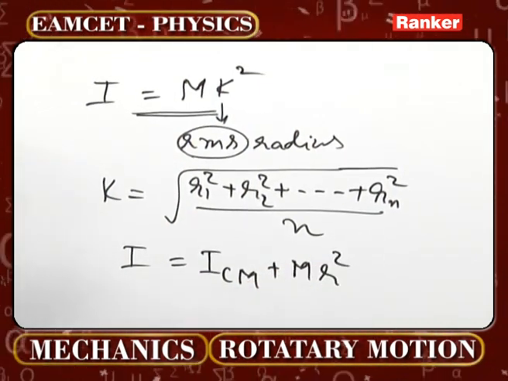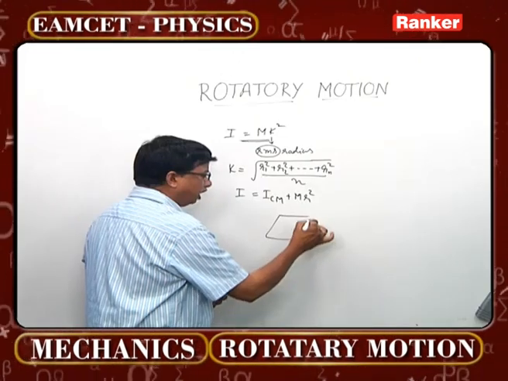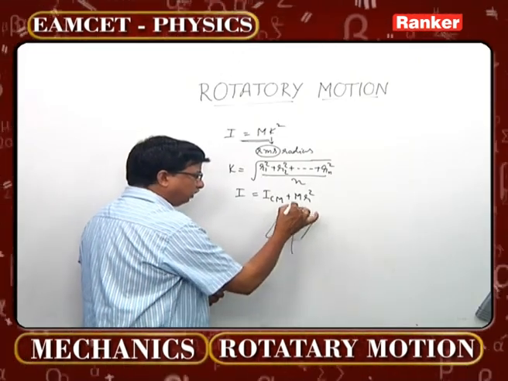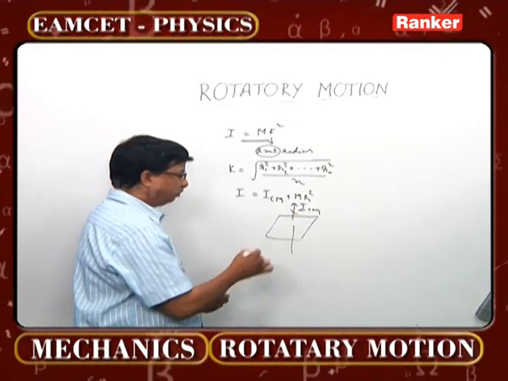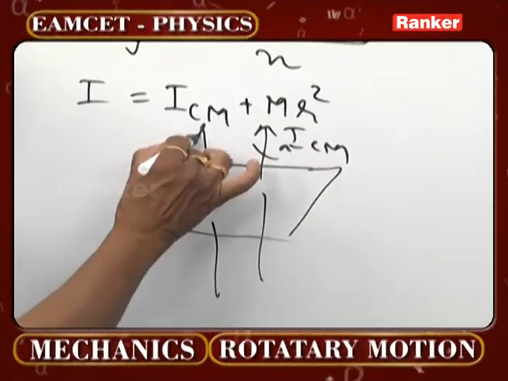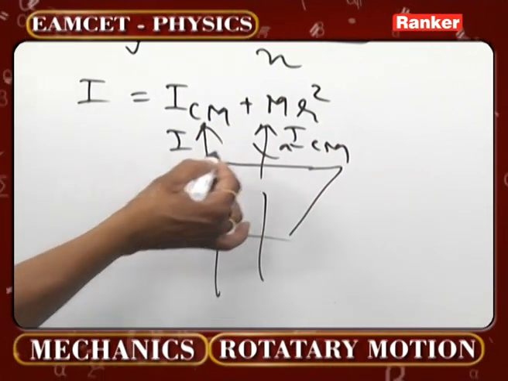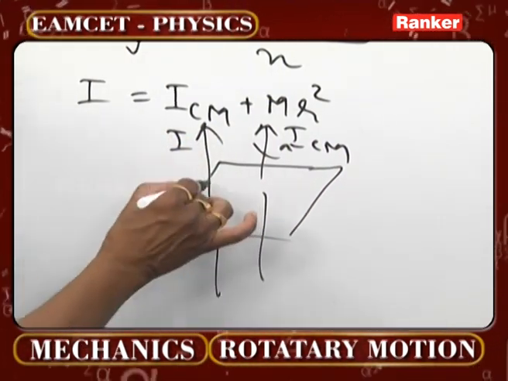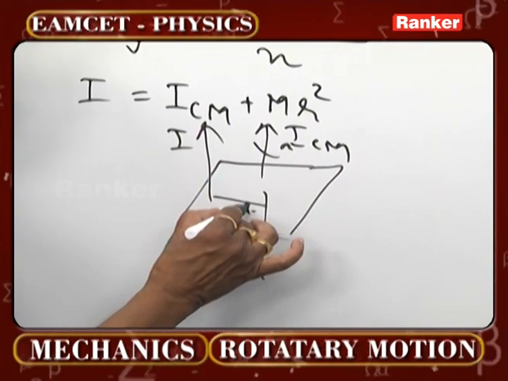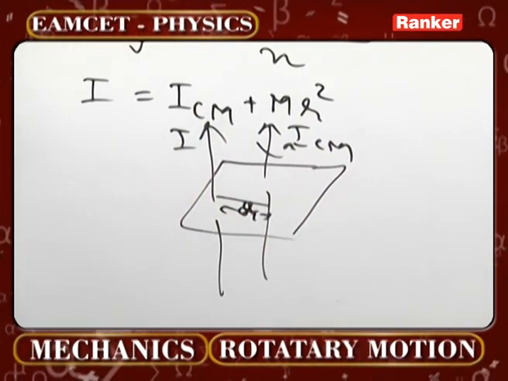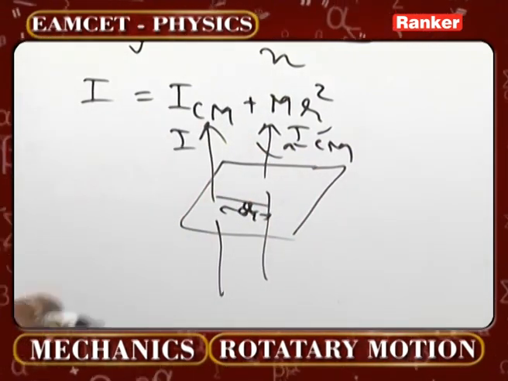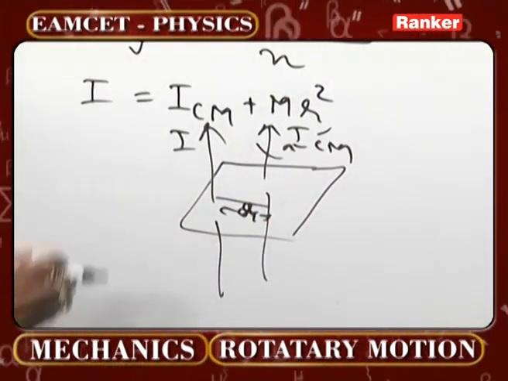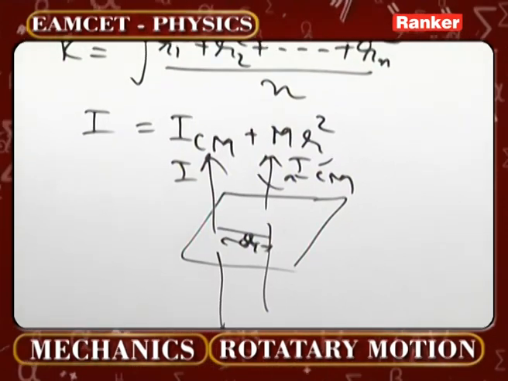That is the general formula, where you can understand that when a lamina is taken this way, this is the axis through the center of mass. If I want the moment of inertia about an axis parallel to this axis, with the distance of separation between them r, then I can be taken as I_CM plus m r square. That is the parallel axis theorem.